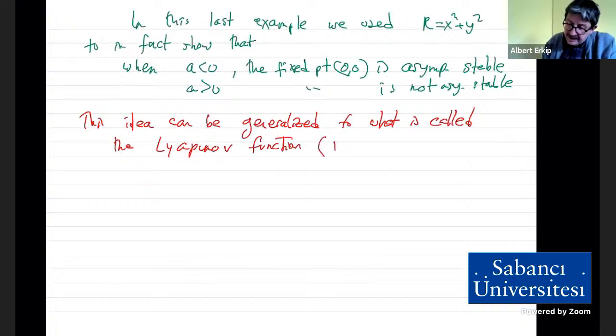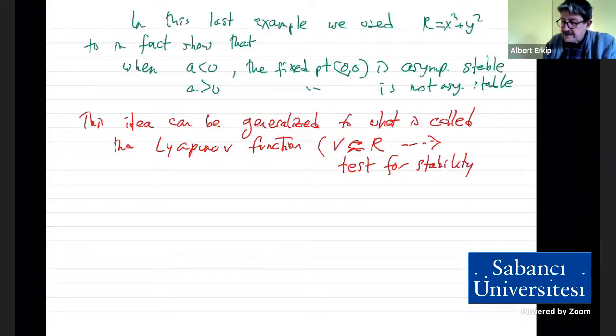So this is a function V that almost looks like my function r and has certain properties that test for stability. This provides a test for stability. Okay. So maybe next time we will talk about this.